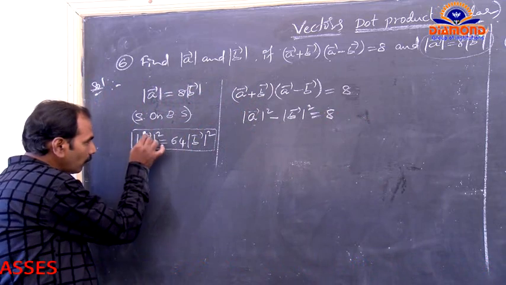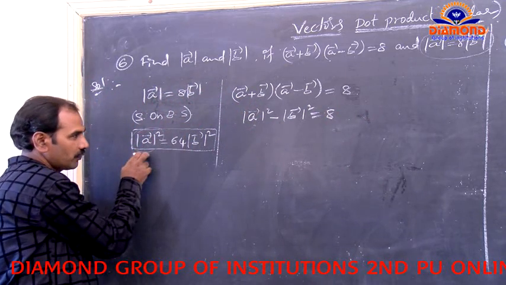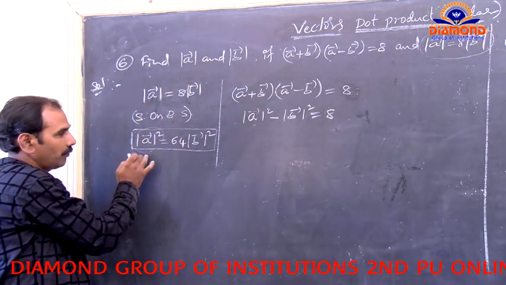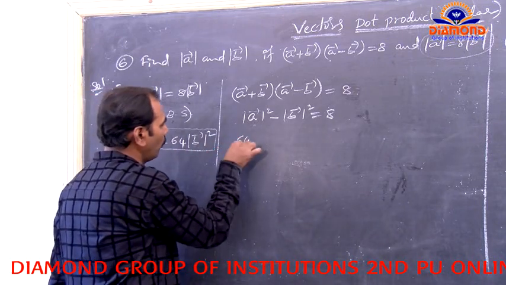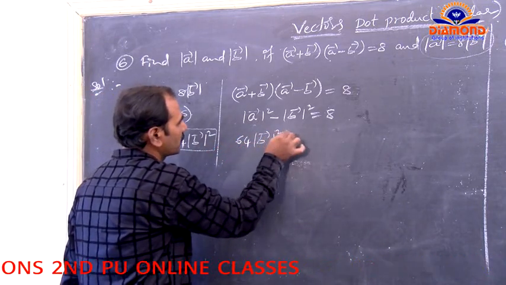Magnitude of A square value we know; that's why we took this one first. Magnitude of A square is 64 magnitude of B square.